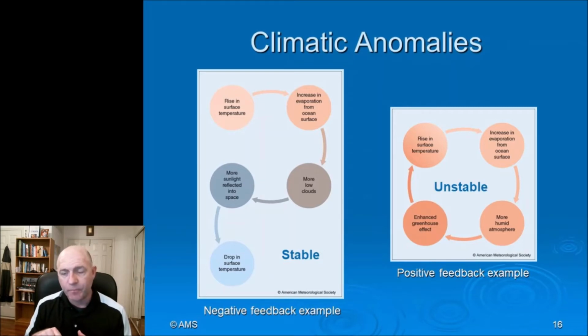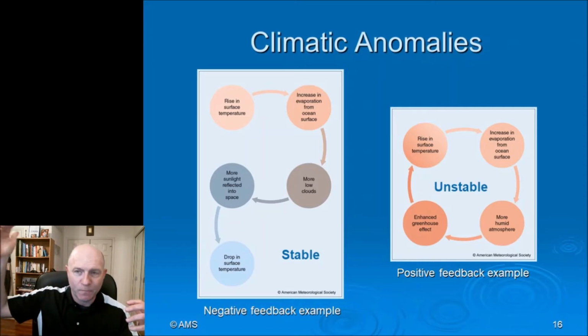All right, so for the example on the left, there's a rise in surface temperature. All right, so on the Earth, there's a rise in surface temperature. So as a result, there's going to be an increase in evaporation from the ocean surfaces. Okay, well, that's fine. Warmer air evaporates more. That makes sense. But then you end up having more low clouds. All right, well, that's fine. But now you have more clouds in the atmosphere.